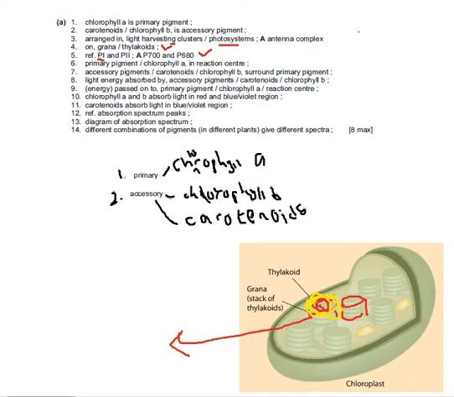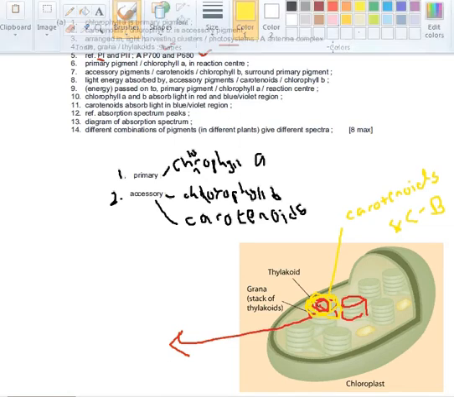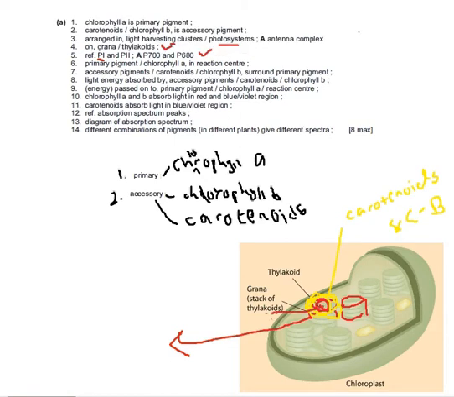Okay, so this yellow are carotenoids, and carotenoids and chlorophyll B. Okay, so chlorophyll B, and the red one which is inside, this is chlorophyll A.